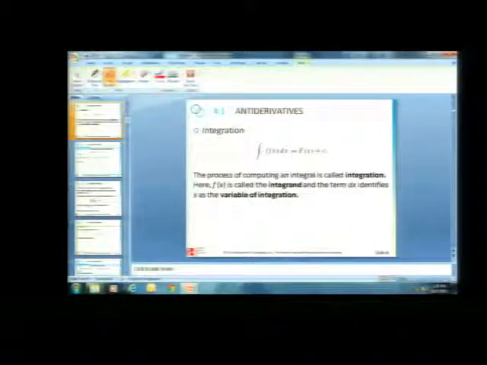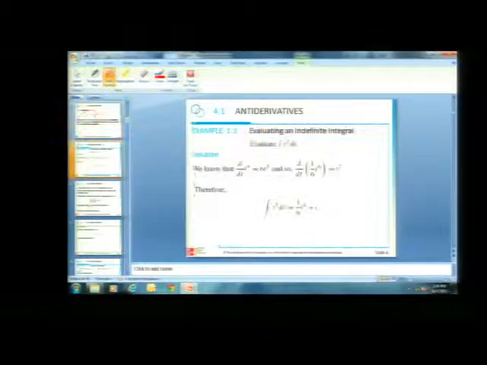And this x, we are integrating f(x) with respect to x, and this x is called the variable of integration. What are you integrating with respect to? That variable is called the variable of integration.